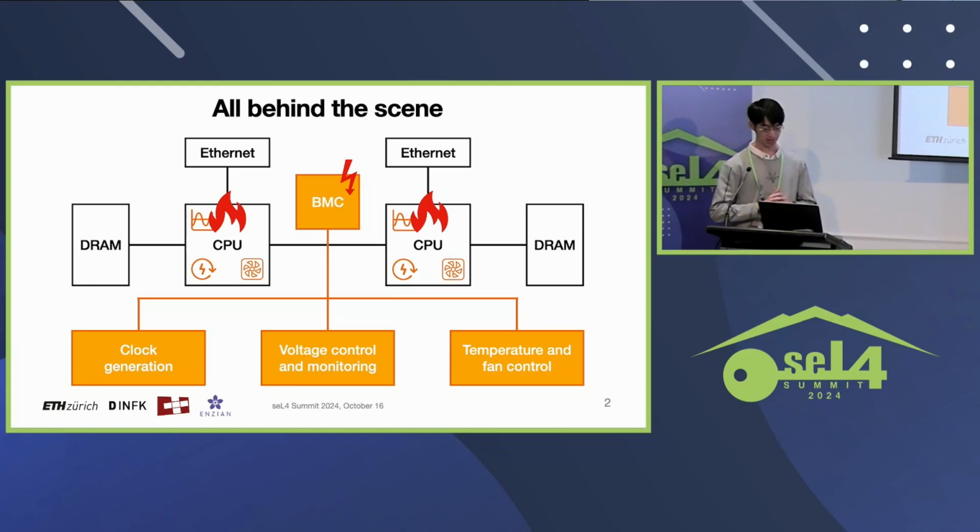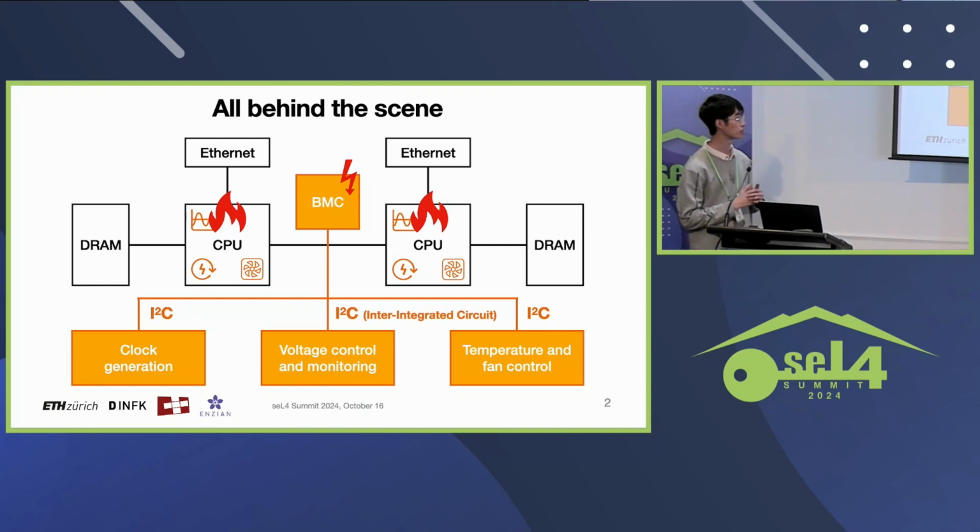So by extension, not only servers, every mobile device also has a BMC. Essentially, it means every computer in this room has one BMC. And all these functionalities shown here are controlled over I2C, inter-integrated circuit, or IIC. It's a low-level communication protocol, and it's actually everywhere.